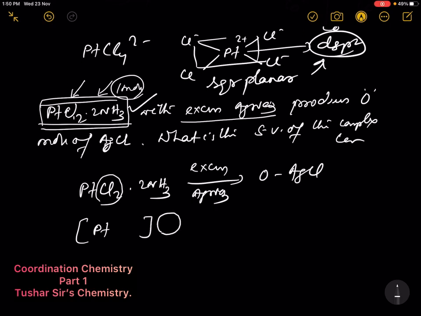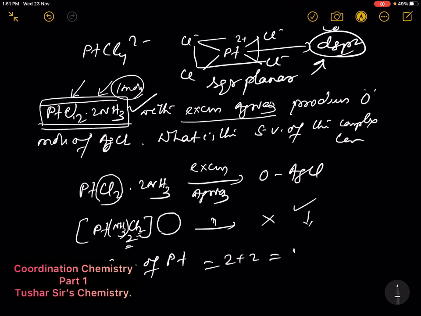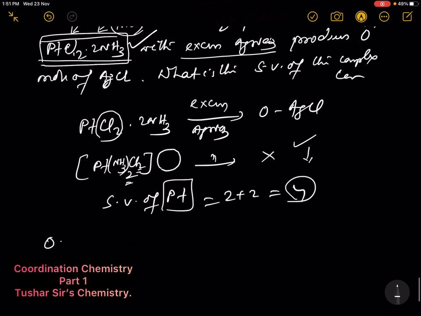As there is no chlorine atom outside the coordination sphere, with excess silver nitrate it won't produce any precipitate of AgCl. So here secondary valency of Pt is definitely 2 plus 2, 4. Secondary valency of Pt is 4, and the oxidation number of Pt in the above complex compound is plus 2.